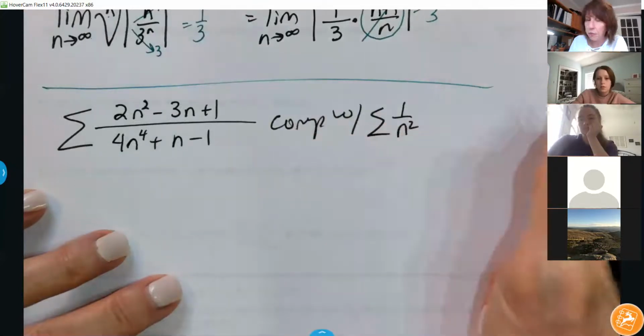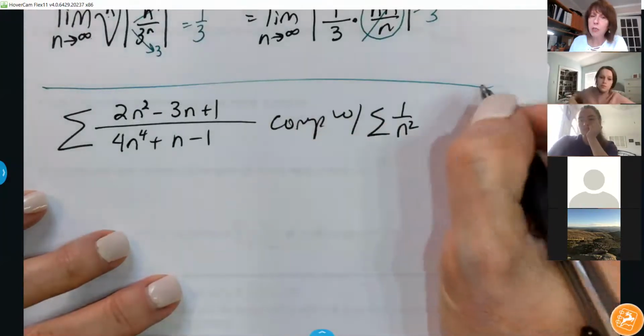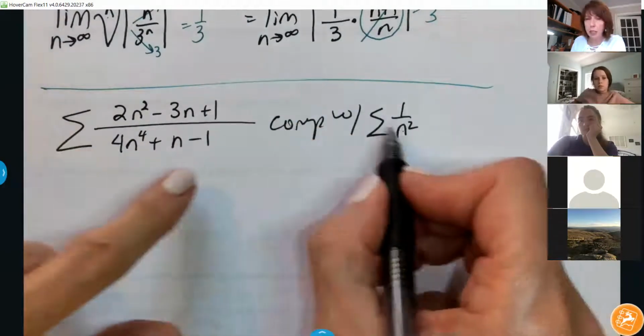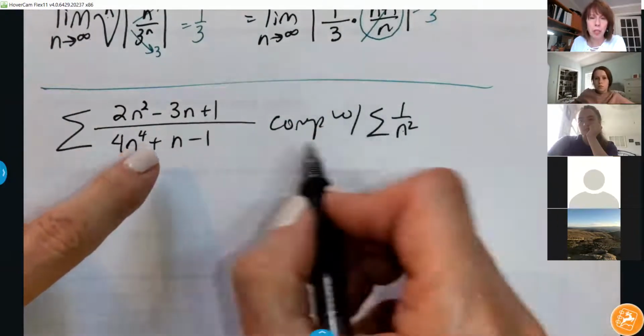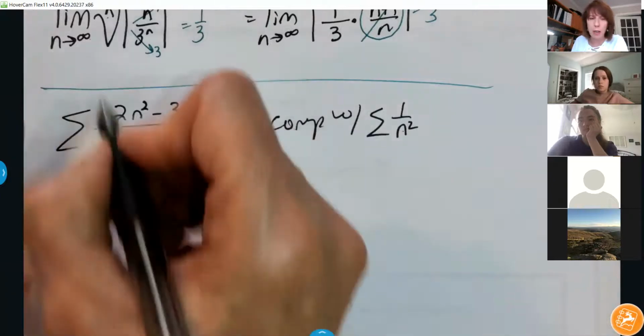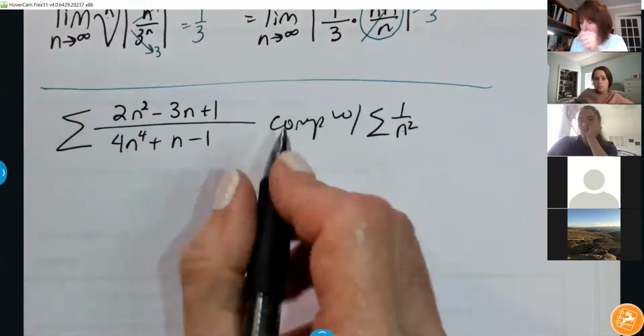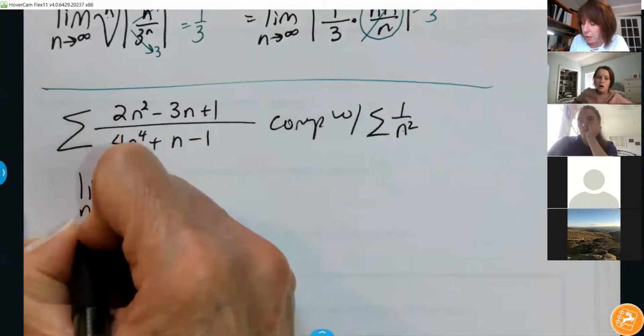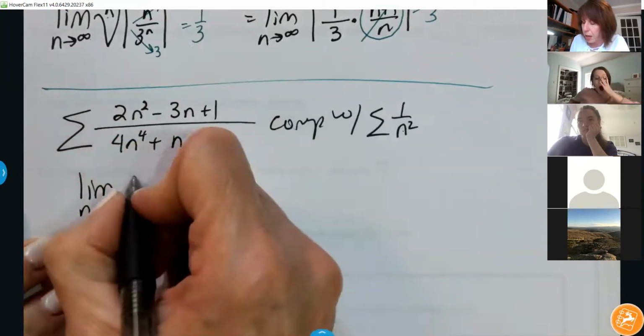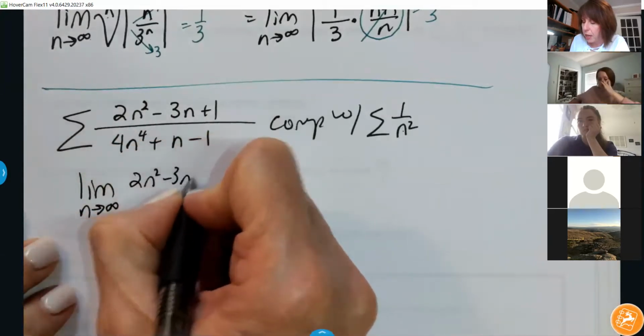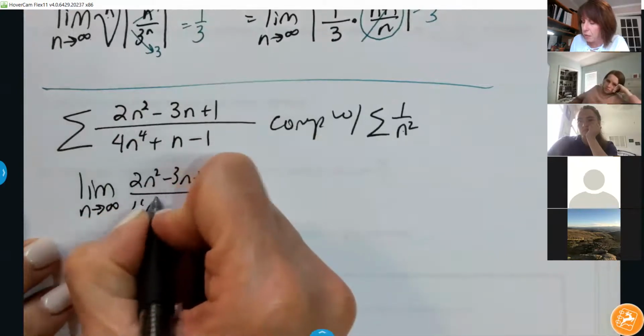Very good. Okay, so you would have to say both series terms are greater than or equal to 0 for whatever my n values are. And then you would set up the limit.